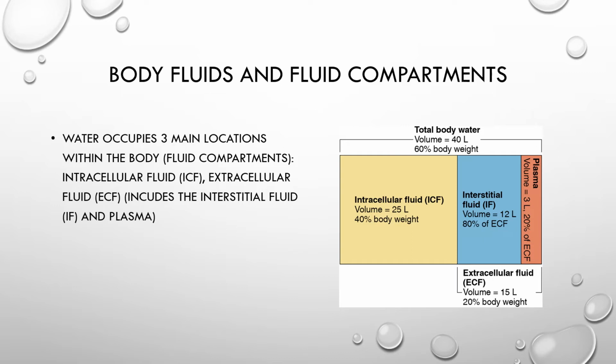It includes plasma, interstitial fluid between cells, lymph, and transcellular fluid, which is in chambers lined with epithelium, which includes cerebrospinal fluid and serous fluids, the humors of the eyes, and others. And you can see that kind of represented in the chart here by percentage of total body water.